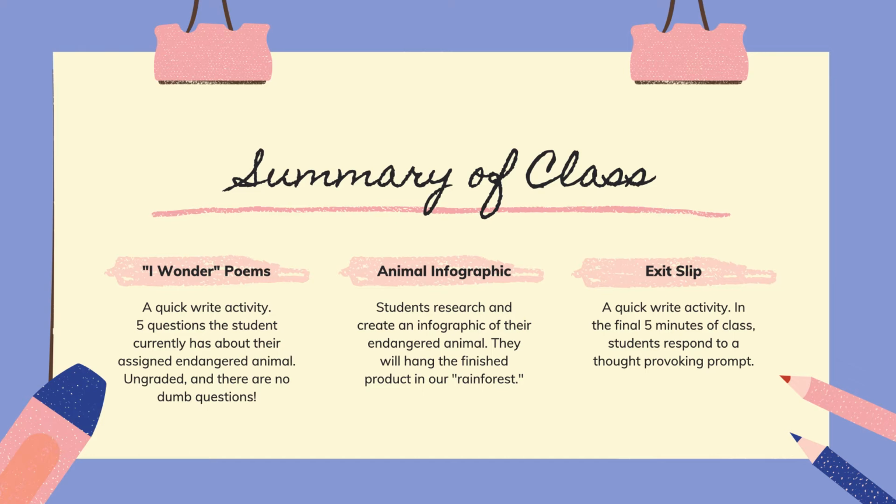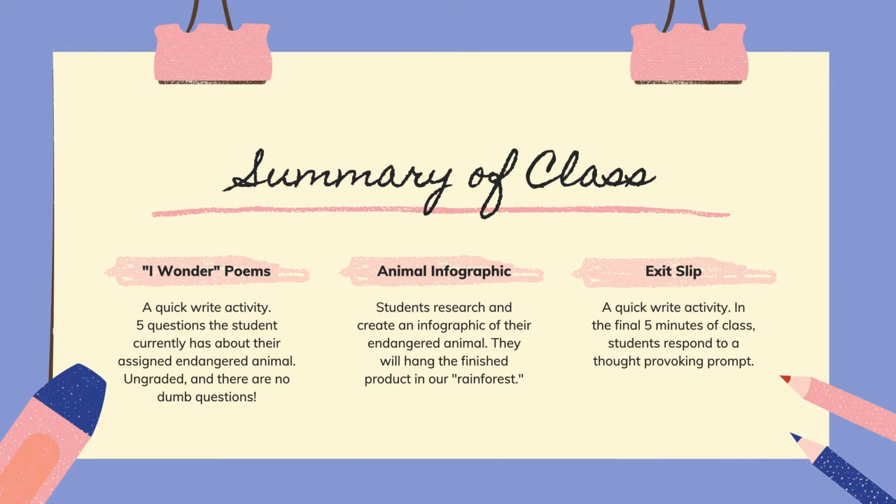Then we will wrap up class with my particular favorite see you later alligator activity, the exit slip. So in the final 5 minutes of class, I ask students to answer a prompt that requires them to recall what they've learned today. In this case, my exit slip will have the prompts, quote, the most interesting thing I learned about blank, they'll write their animal name there, today is dot, dot, dot.